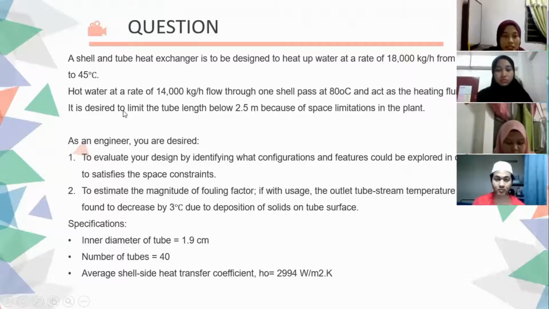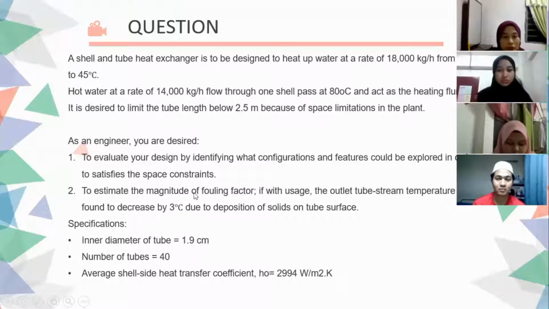It is desired to limit the tube length to below 2.5 meters because of space limitations in the plant. As an engineer, you are to evaluate your design by identifying what configurations and features could be explored in the heat exchanger to satisfy the space constraints.